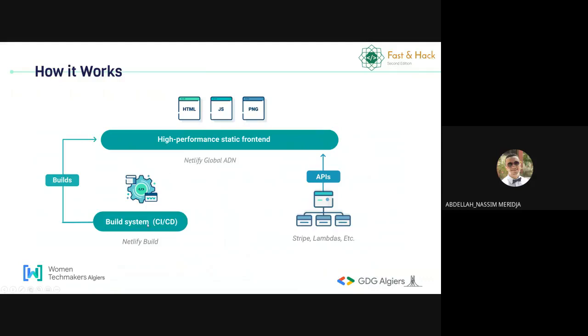And then you build them remotely using a build system like Netlify build, which uses continuous integration and continuous delivery. You build them on that build system, and it will be provided directly on the CDN.